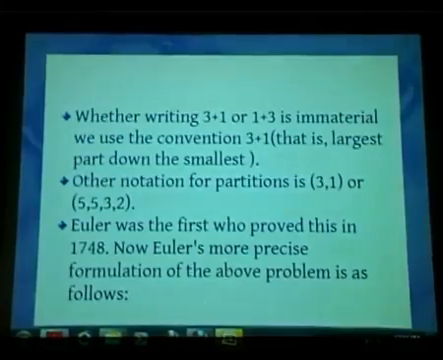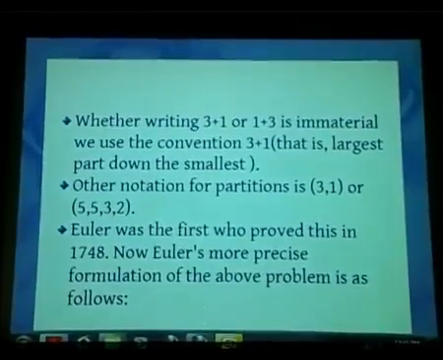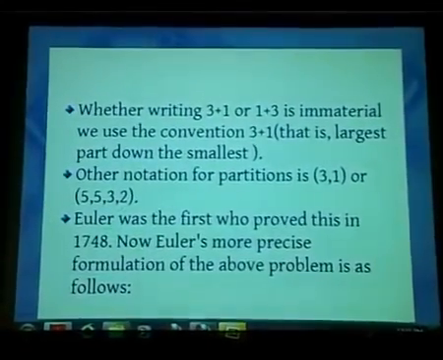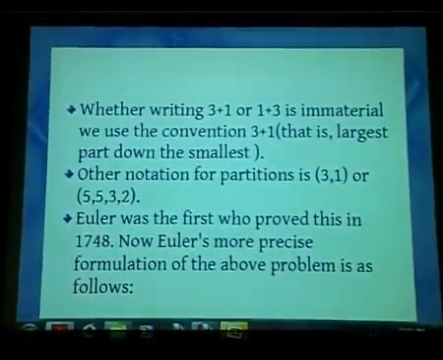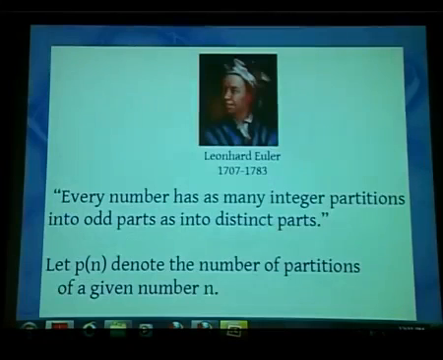So Leonard Euler was the first one who proved a statement which was observed by the caveman in 1948. Now, how did he formulate the problem into a precise mathematical statement? This is the picture of Leonard Euler. What he is telling is: every number has as many integer partitions into odd parts as into distinct parts.